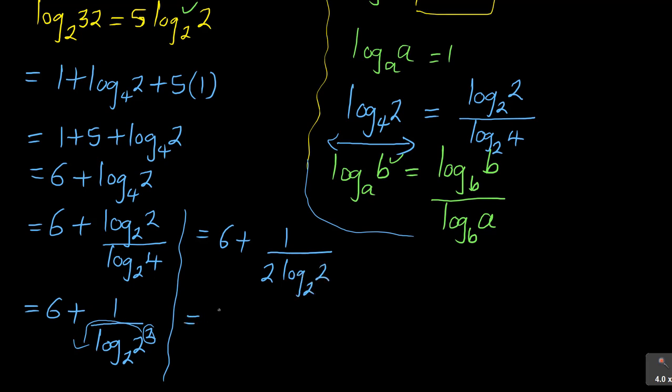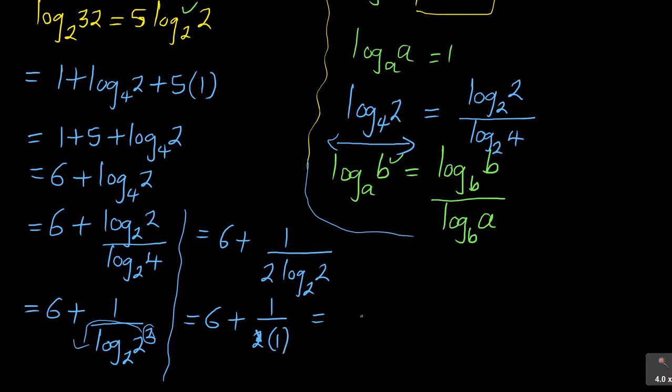This continues to say 6 plus, now as you can see, what I have is 1 over 2, log 2 of 2. Now for me to be able to simplify that, I will have to say 1 over 2 of 1 like that.